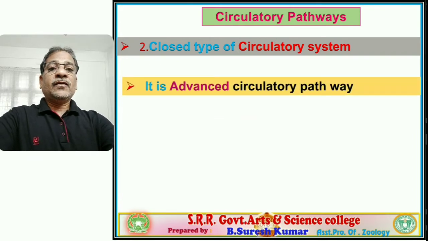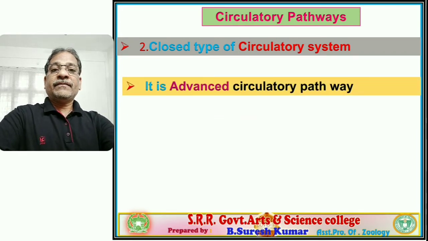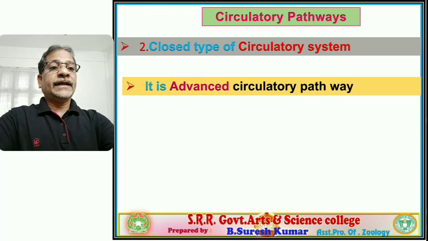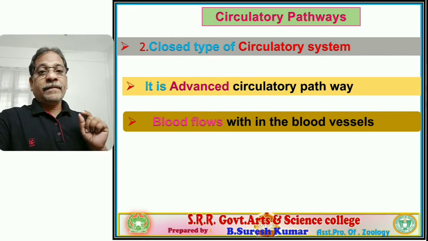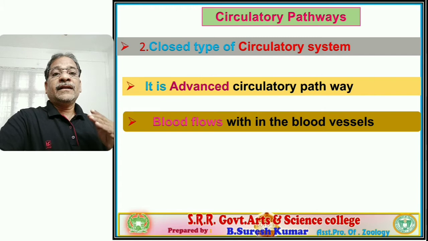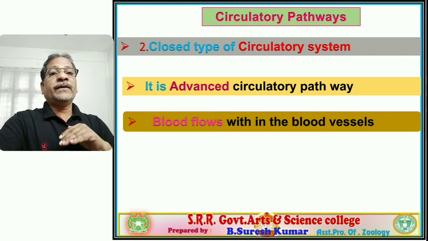It is an advanced variant of circulating pathway that started from Annelida, in which the blood flows within the blood vessel. The blood never comes out from the blood vessel. Remember students, in the open type of circulatory system, the blood comes out from the blood vessel.